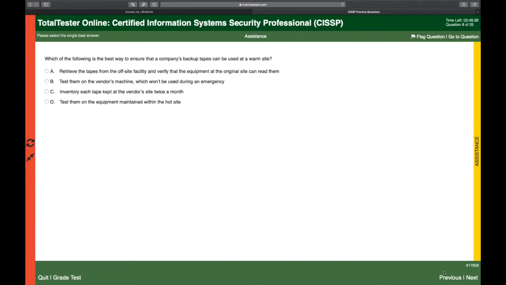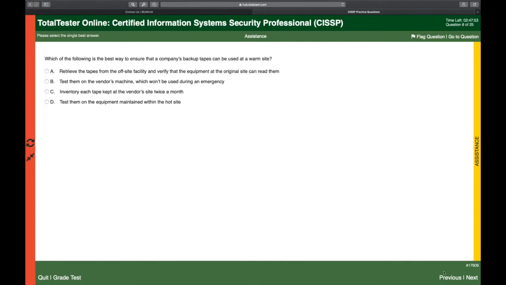Yes. Let's see, retrieve the tapes from the off-site facility. We're trying to see the best way to ensure the company's backup tapes can be used at a warm site. So they're at their primary site and they want to make sure that the tapes are available at the warm site. But Alpha says retrieve tapes from the off-site facility, from the warm site, and verify that the equipment at the original site can read them. I guess that's something you can do. And I don't like any of the other ones.